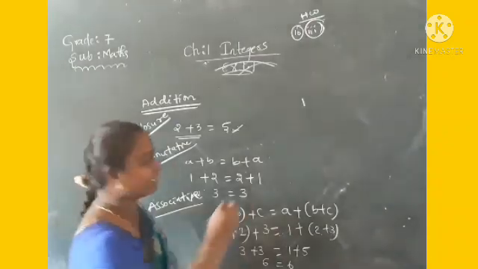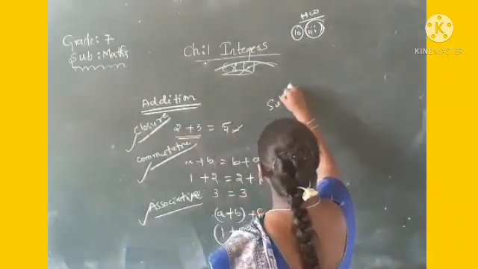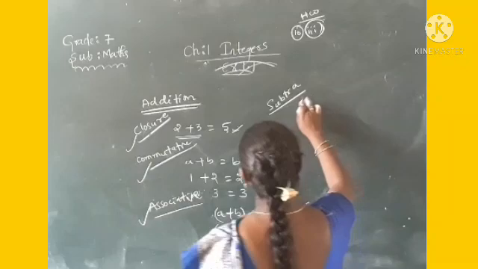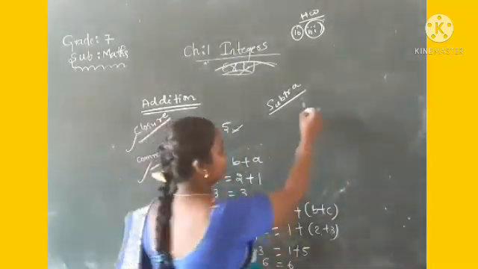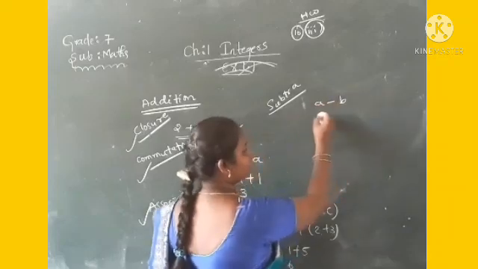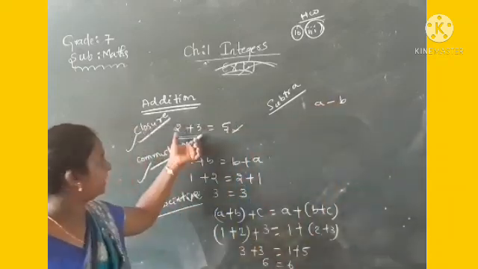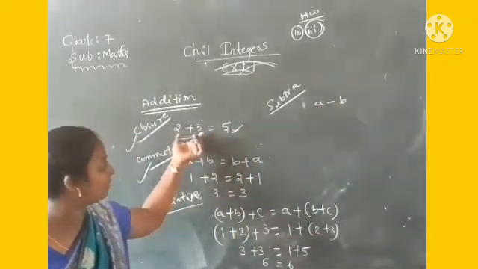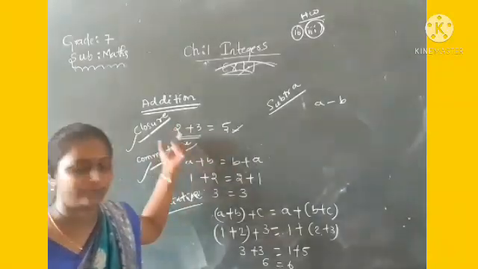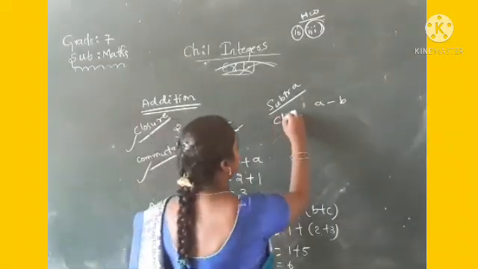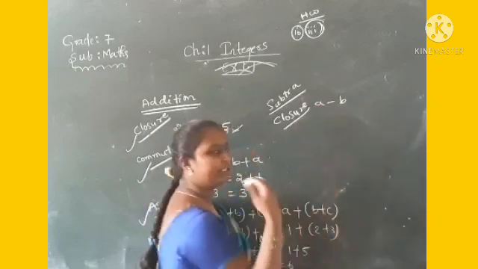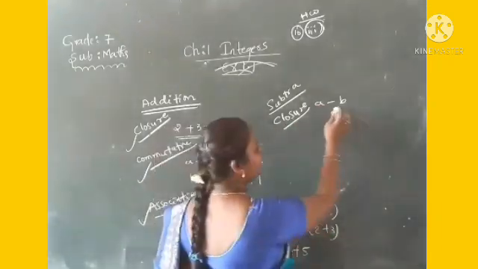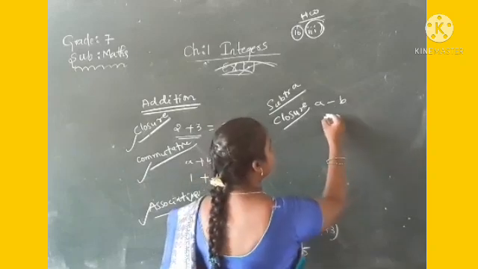So what about subtraction? If a and b are any two integers, then a minus b is also an integer or not? In addition, a and b are any two integers, then a plus b is also an integer. In the closure property for subtraction, a and b are any two integers, then a minus b is also an integer.